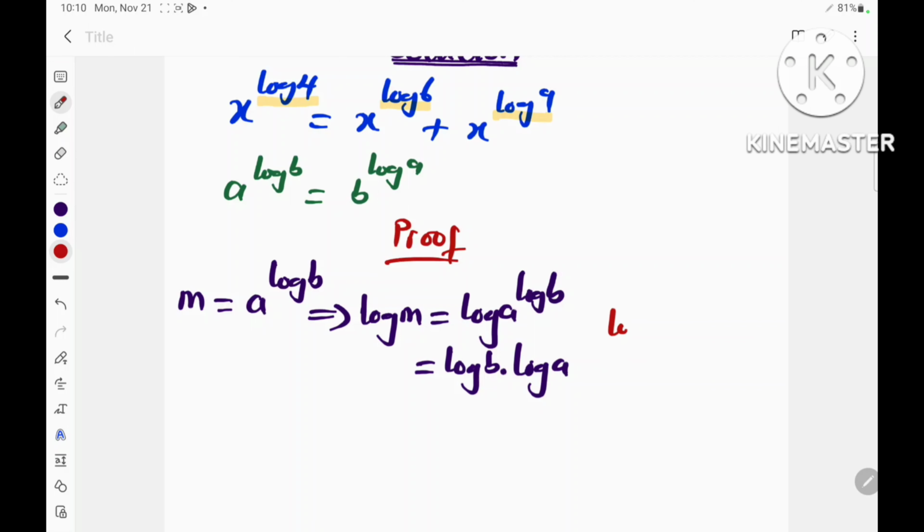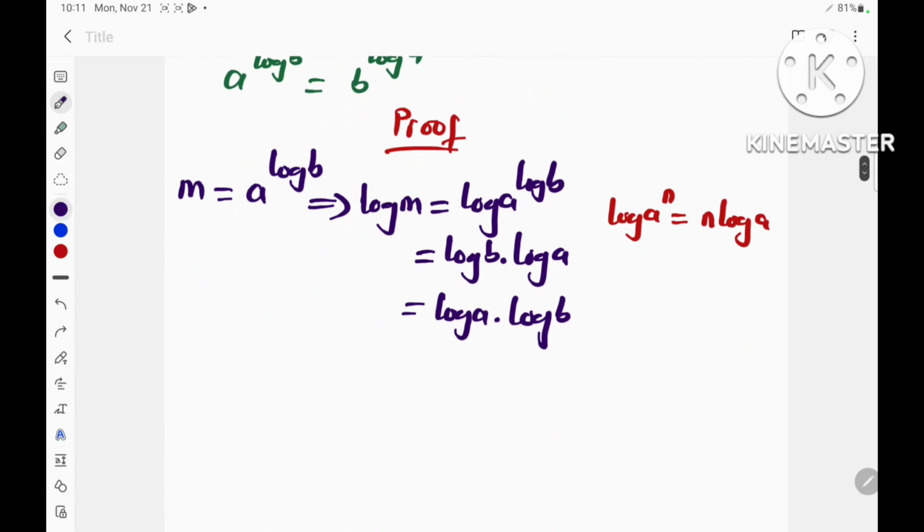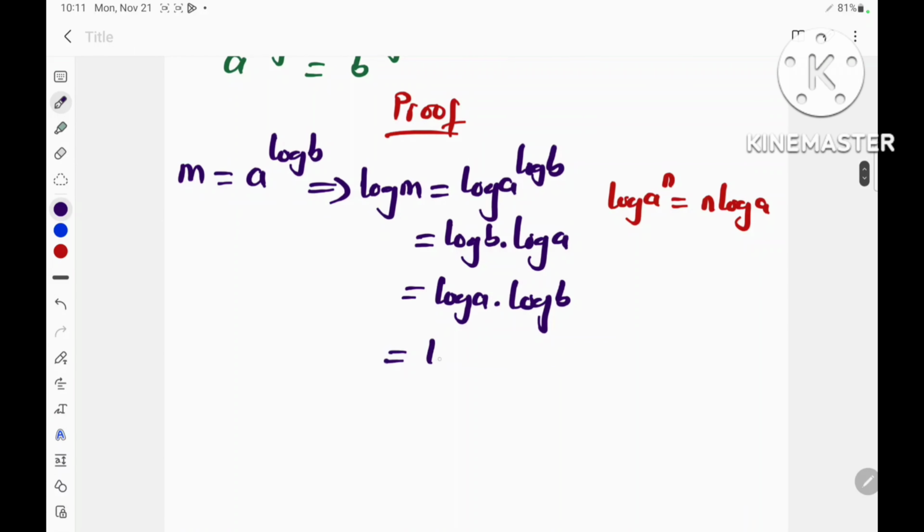Recall that the log of a raised to the power n is equal to n times the log of a. And since multiplication is commutative, we can write this as the log of a multiplied by the log of b, which can also be written in the form the log of b raised to the power the log of a.